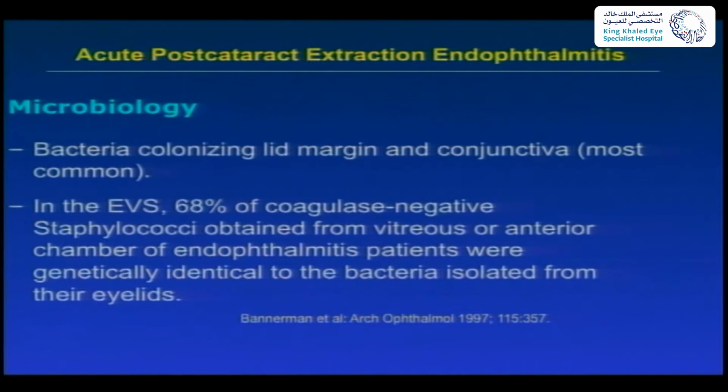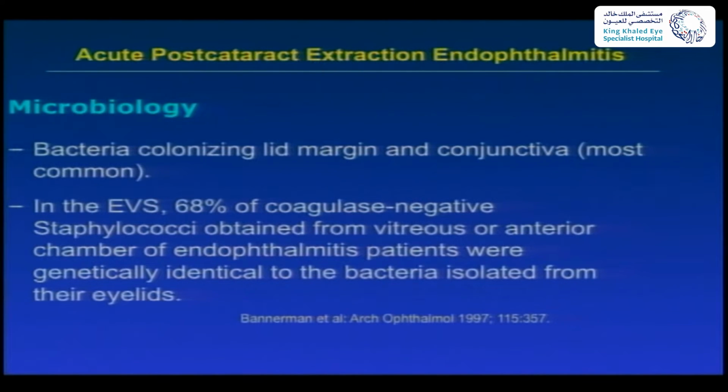Now, how about the microbiology of post-cataract endophthalmitis? The majority of bacteria causing post-cataract endophthalmitis come from the lid margin and conjunctiva, and these are mostly coagulase-negative staphylococci.